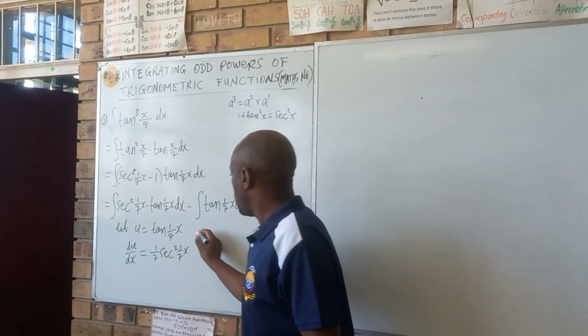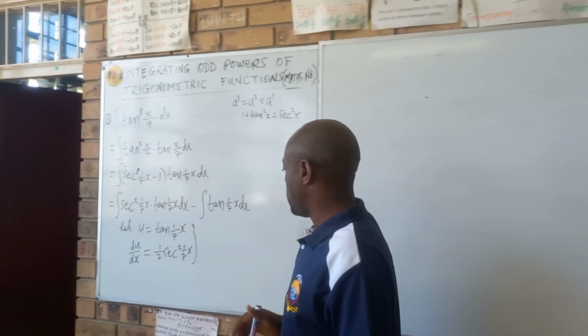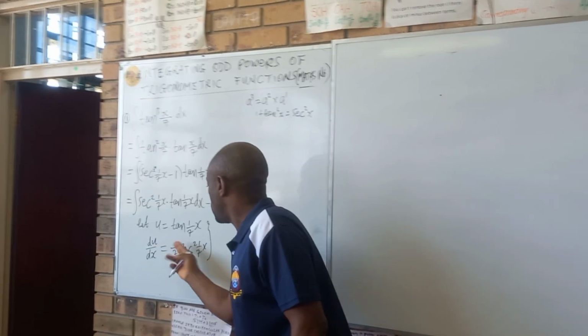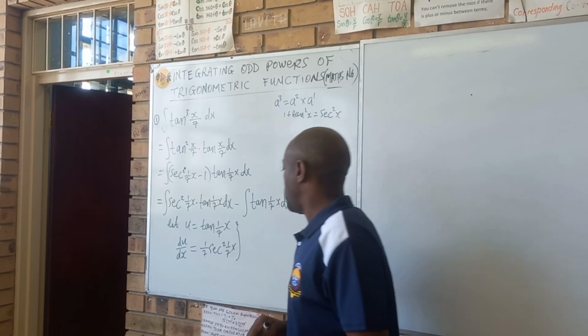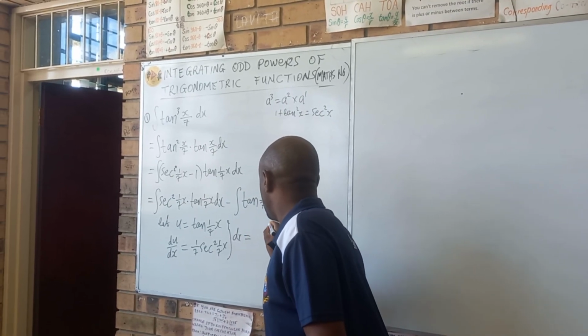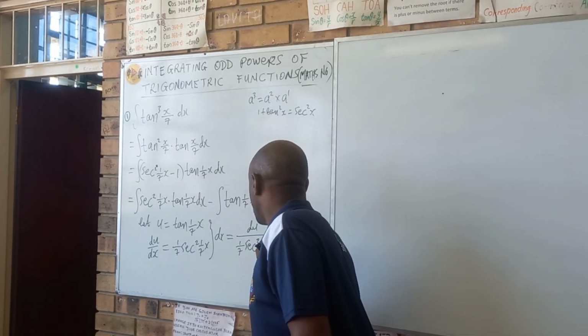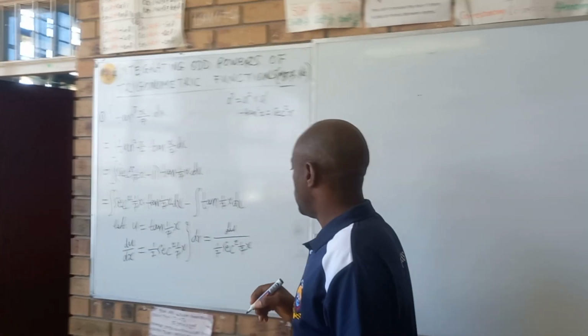Then from here, I can make dx the subject, so that will take the place of that. You just swap the position of dx and the item on the right. So your dx will simply be du over 1 over 7 sec square 1 over 7x. That is what I've done.